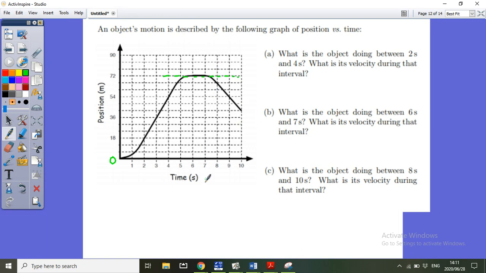Now, just one thing I need to mention, and this is what you need to remember from grade 10. If I ask you for the instantaneous velocity, it is the velocity at that specific point. That would be easy if I ask you for the instantaneous velocity at that point, because it's part of the straight line and you can get the gradient and you know what the velocity is.